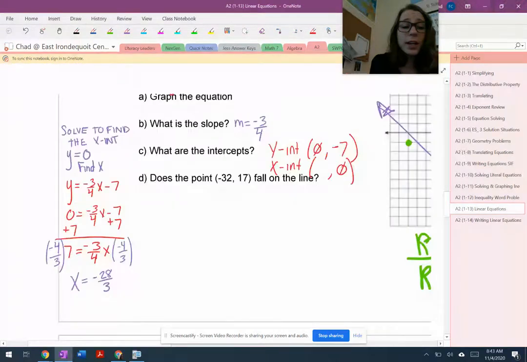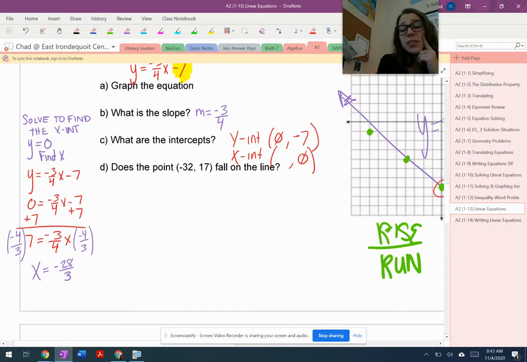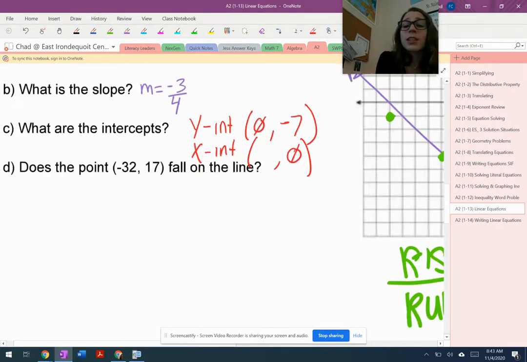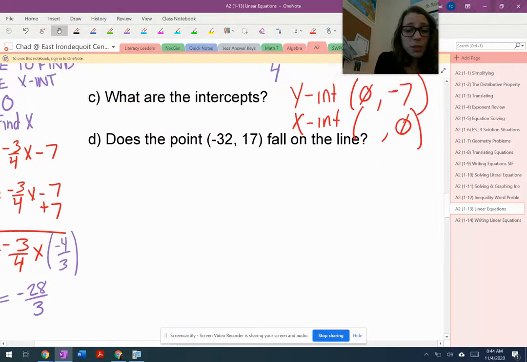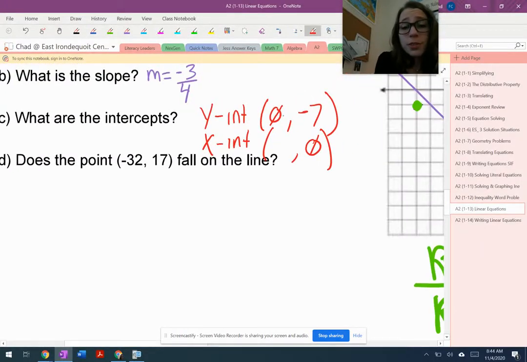I never would have been able to guess that from looking at the graph. That's a repeating ugly decimal. I would have had to do some solving. So -28/3 is what gets filled in for our x-intercept.